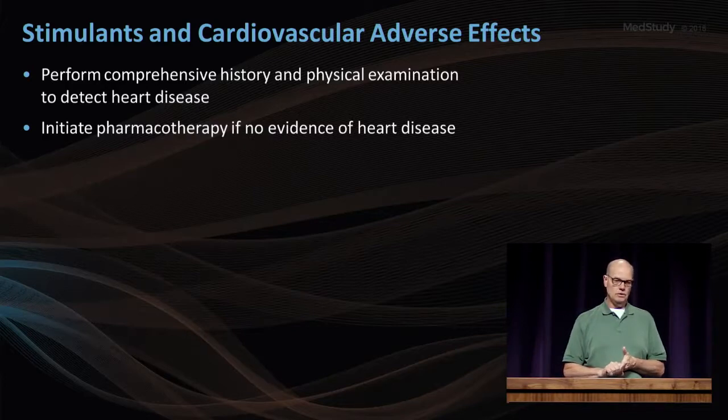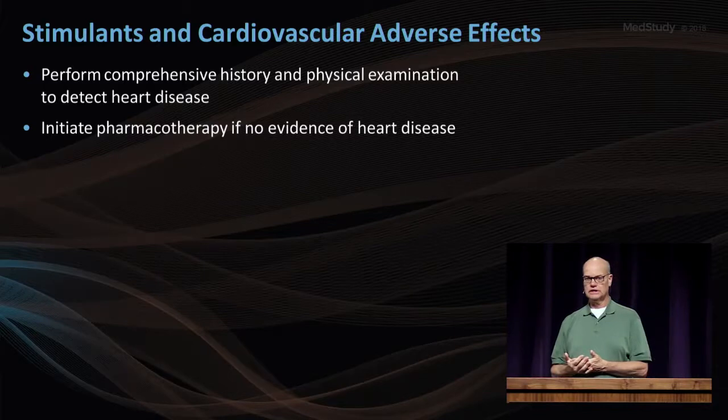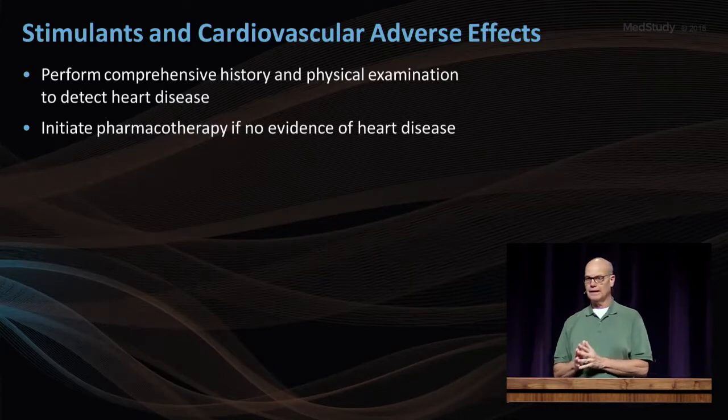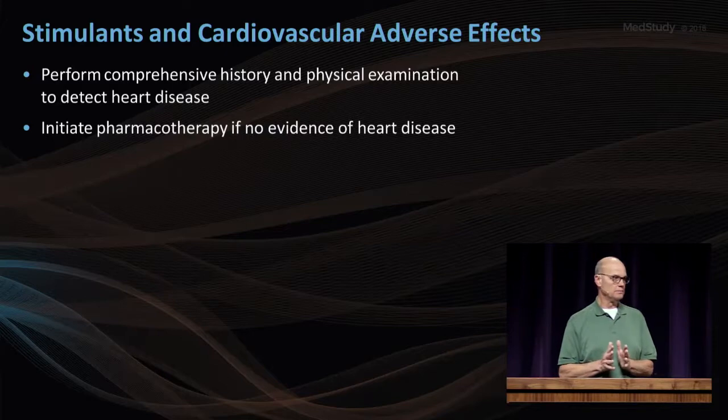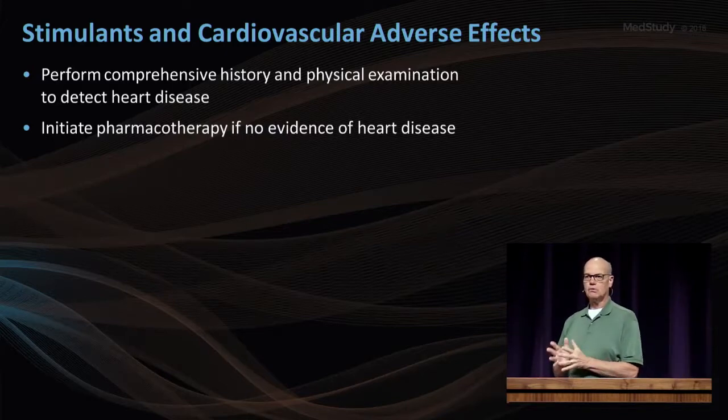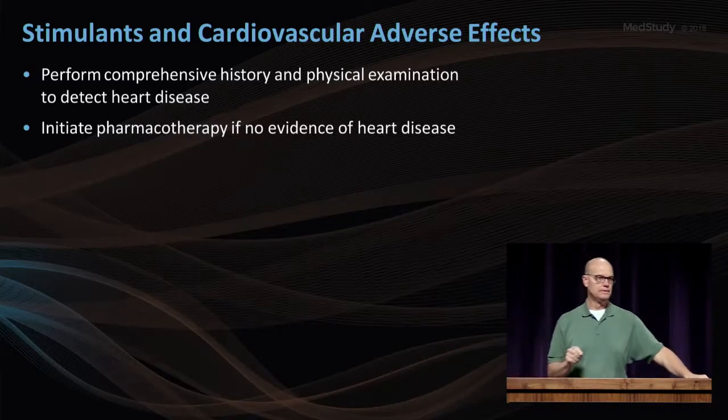And, obviously listening for murmurs, listening for clicks. Don't forget that the murmur of hypertrophic cardiomyopathy can kind of slip by us. And that is definitely a murmur that you want to be able to identify in a child prior to stimulant therapy. It sounds very similar to a flow murmur. And that flow murmur we hear all the time in kids.